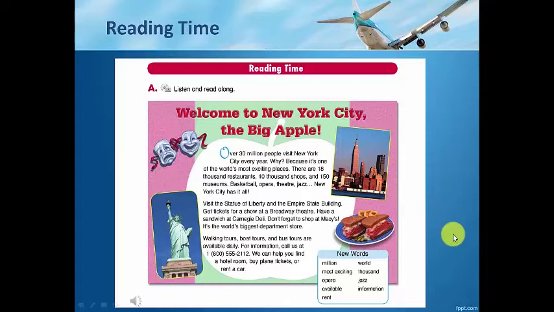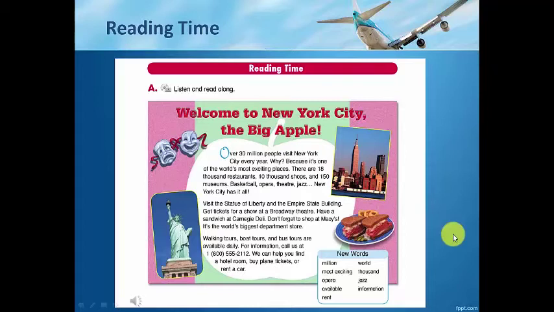Welcome to New York City, the Big Apple. Over 30 million people visit New York City every year. Why? Because it's one of the world's most exciting places. There are 18,000 restaurants, 10,000 shops, and 150 museums. Basketball, opera, theater, jazz. New York City has it all. Visit the Statue of Liberty and the Empire State Building.